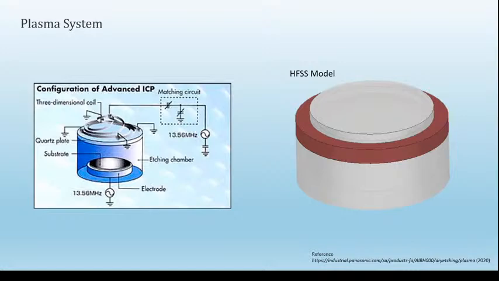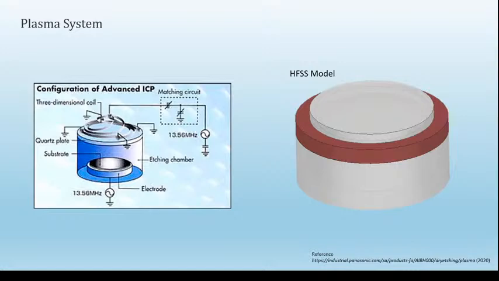Inside the vacuum chamber, there's usually a substrate with a plate, and on top of the plate there are many wafers. We want to make sure the coil has a uniform field, so that all the wafers inside this chamber can get a good etching.